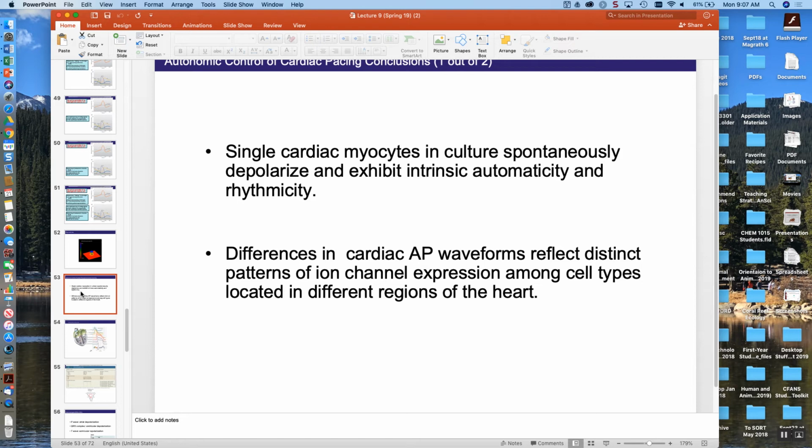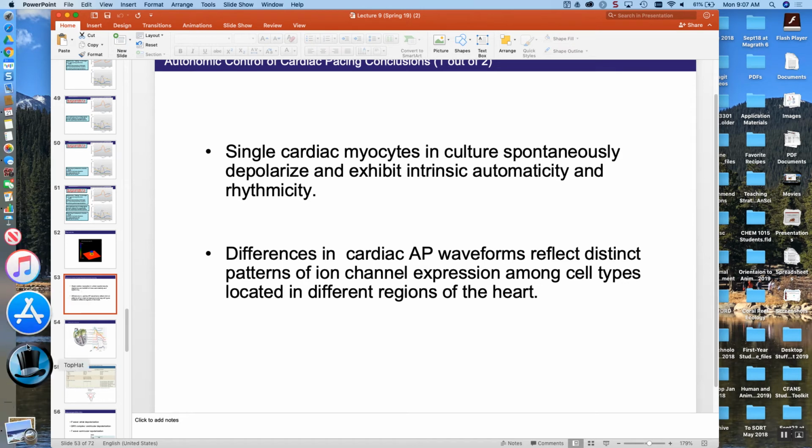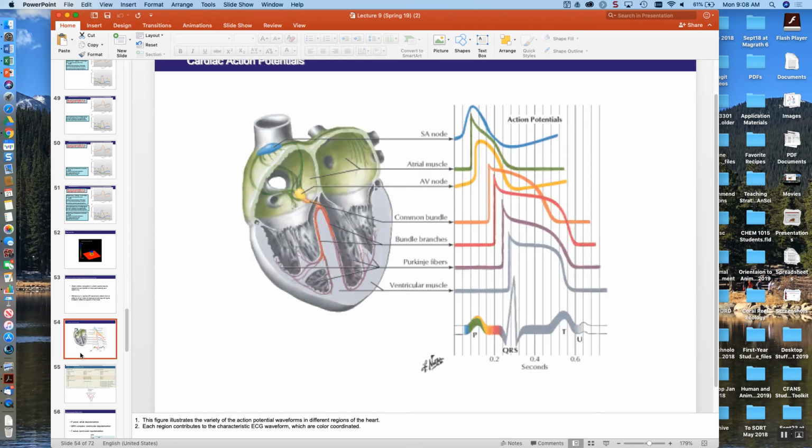Differences in cardiac action potential waveforms reflect the distinct patterns of ion channel expression. The reason why you get that eroding depolarization in the SA node is because the SA node is expressing the funny channels. Okay, so let's go back and take a look at the ECG again.